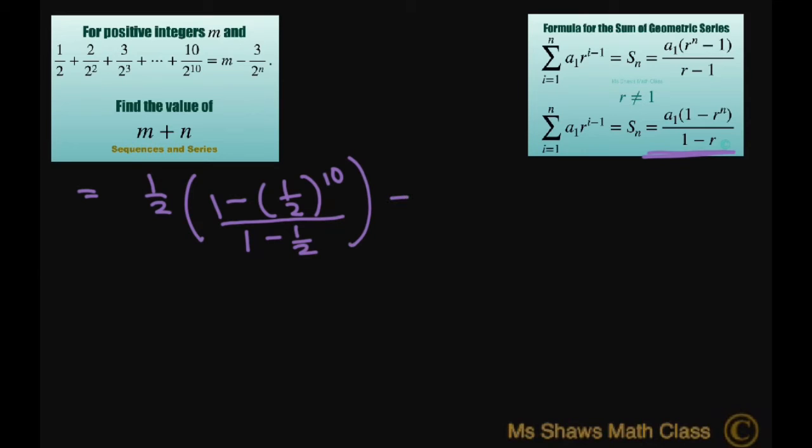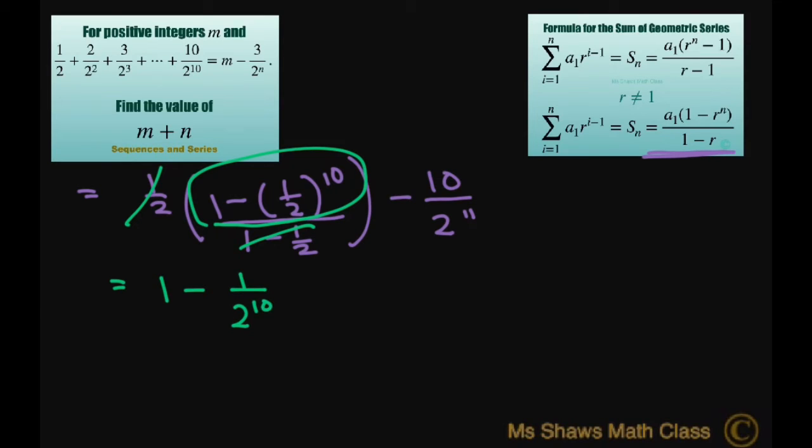And then we still had this minus 10 divided by 2 to the power of 11. All right, well, this cancels out. So this gives you 1 minus 1 divided by 2 to the power of 10 minus this part, 10 divided by 2 to the power of 11.